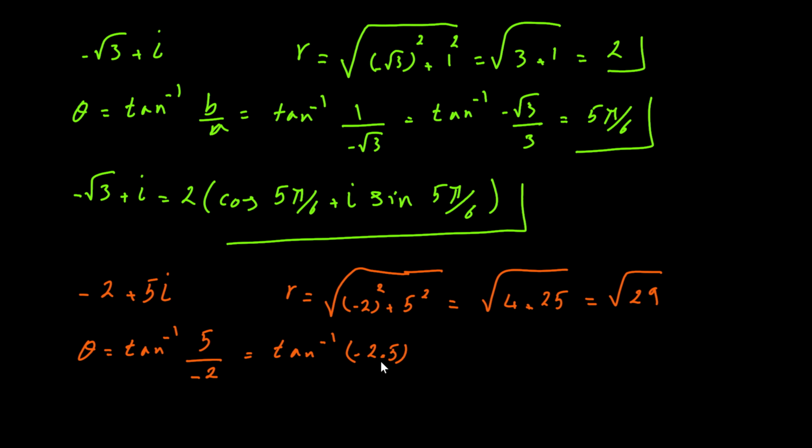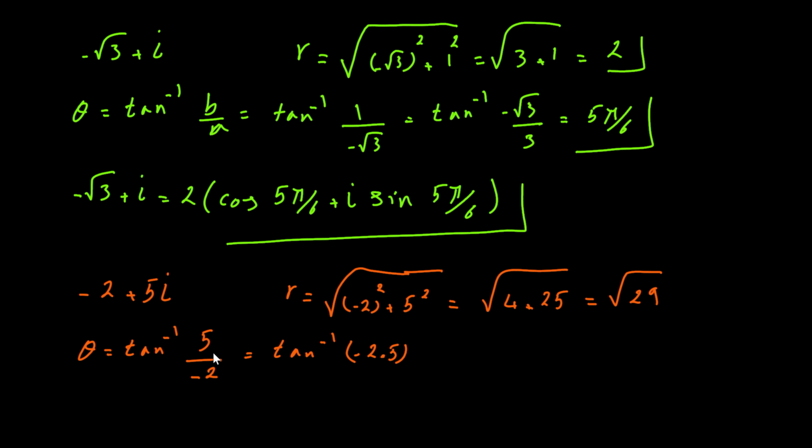So the easiest way is just using a calculator and getting that angle. When you put it into the calculator, remember, you are going to basically get the tangent inverse of negative 2.5. So you need to know which quadrant your angle is in. Our angle is going to be in the second quadrant.